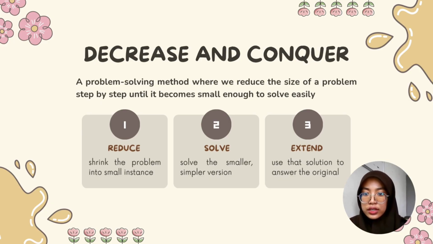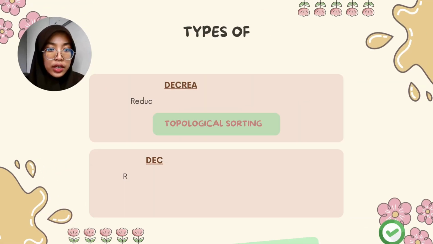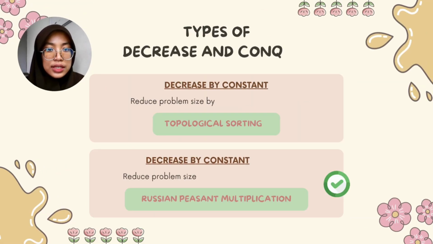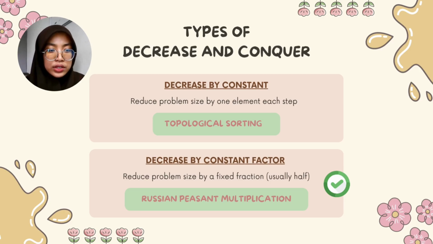As you can see here, when we reduce, we shrink the problem into small instances. After that, we solve the smaller, simpler version. And after we solve that, we extend the solution to answer the original. Now, there are two ways this shrinking can happen. The first is decrease by constant, where we reduce the problem by one element each step.